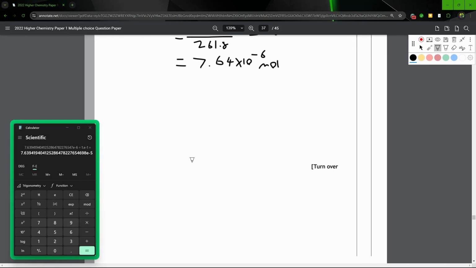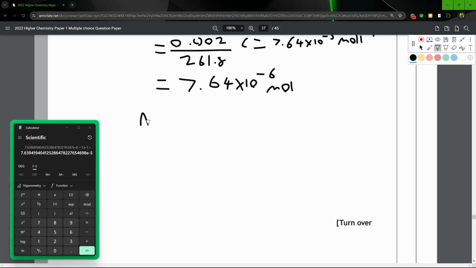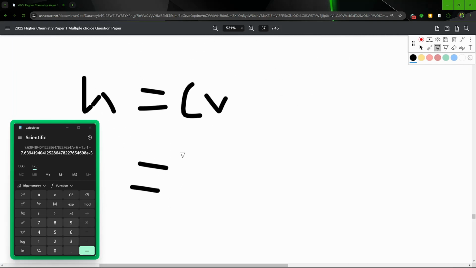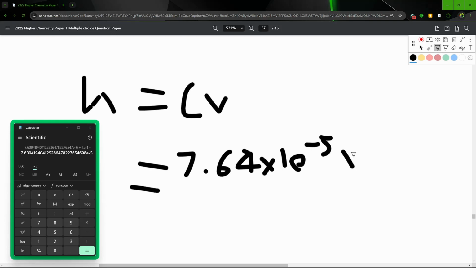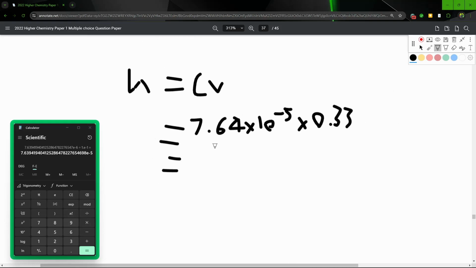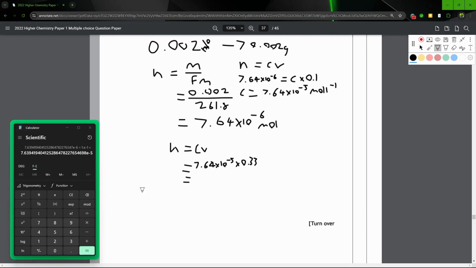So now, after all that, we can go down and say n equals cV. The concentration is 7.64 times 10 to the negative 5, and the volume is 0.33. So how many moles is that?